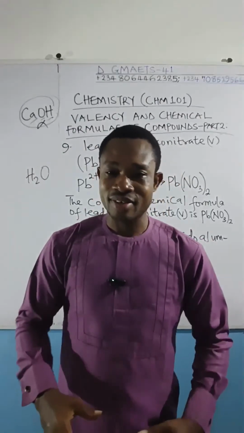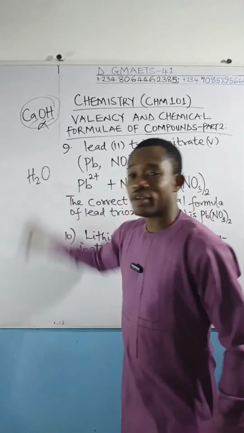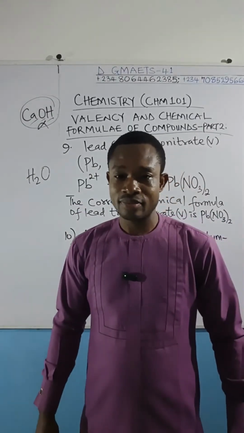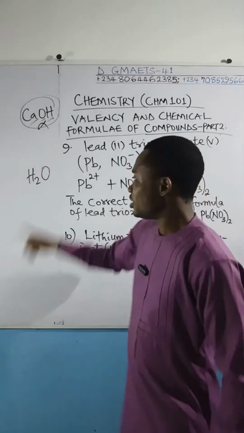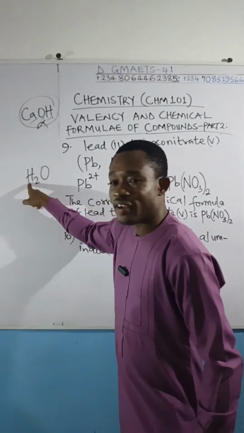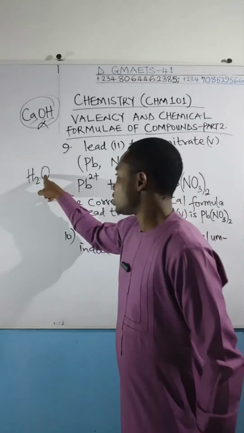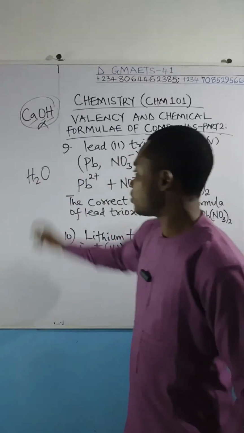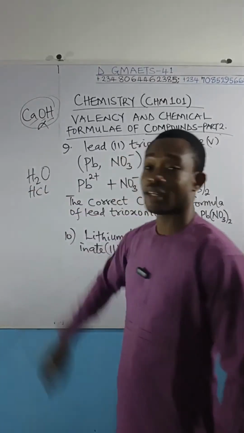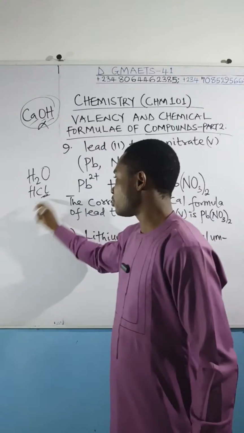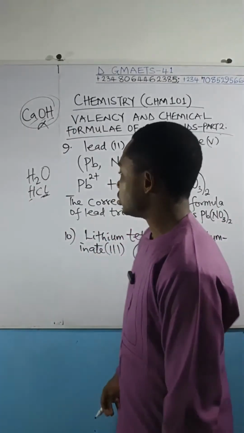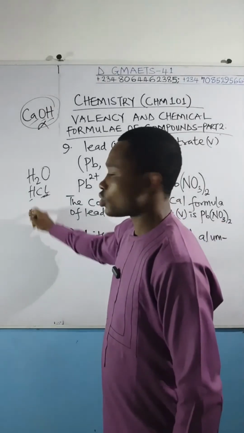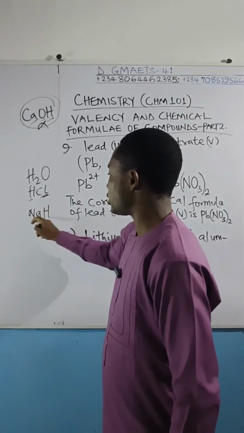A metal, because it is combined with a non-metal. So in this case, hydrogen will be behaving as a metal. The same thing happens in HCl. Are you following, right? Chlorine is a non-metal. This is a metal. Okay, now let us talk about this compound, sodium hydride.